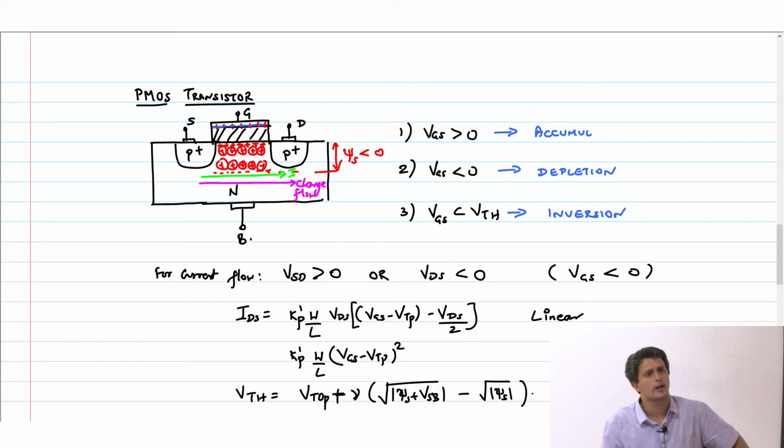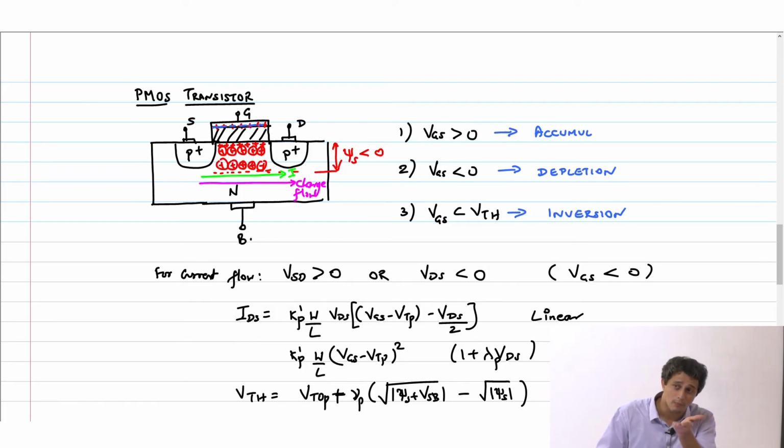And of course if I now incorporate all the short channel effects, then this will become into 1 plus lambda P into VDS, and then there is a gamma P also here. How many parameters do we have. And similarly, I cannot just keep reducing my VDS negatively and achieve more and more current. You have a saturation velocity there as well, and therefore you have a VD sat P even in that case.